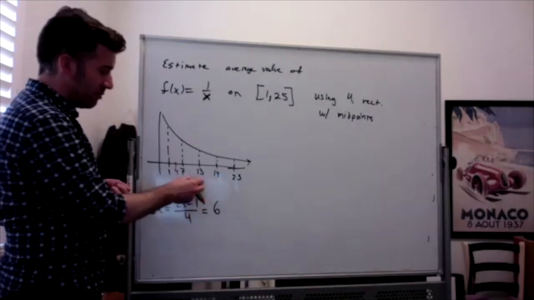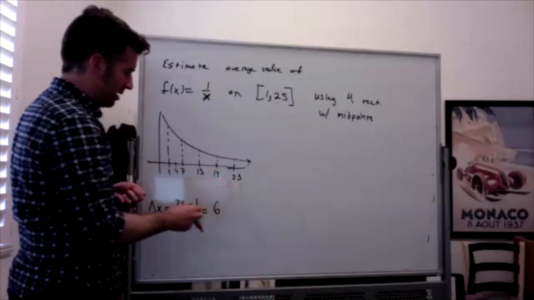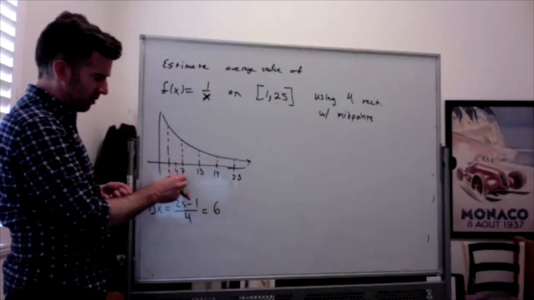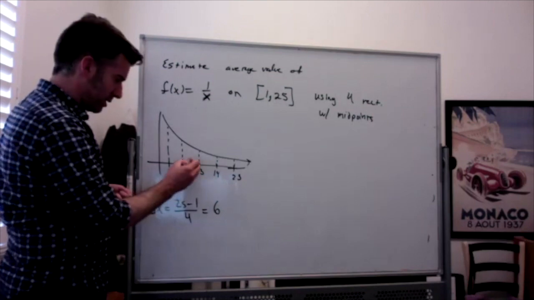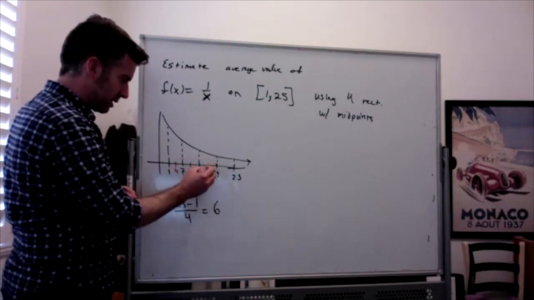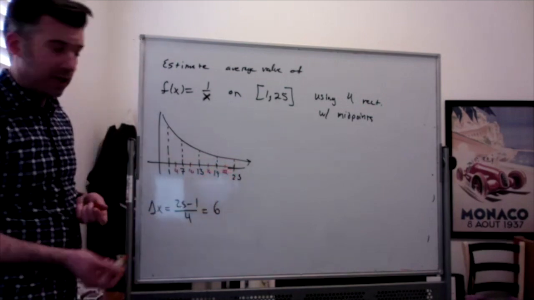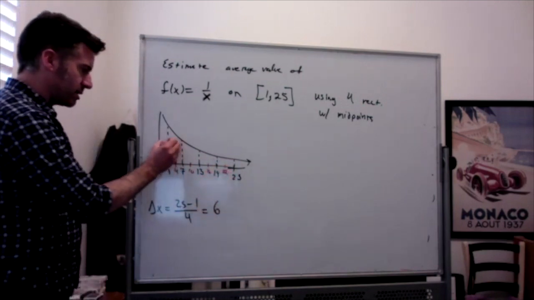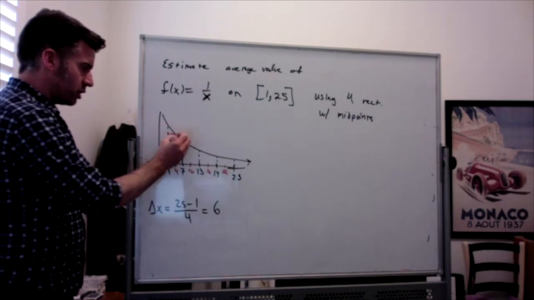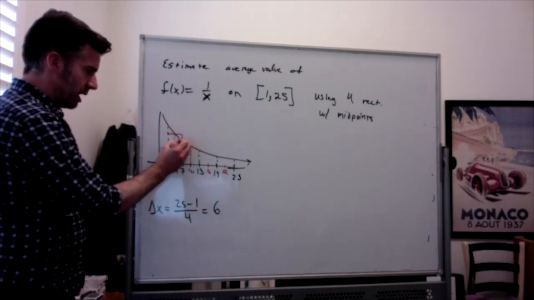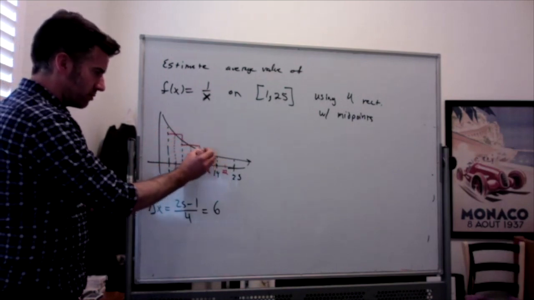So instead of finding each midpoint, you can say, oh, well, these are 6 apart, so these are 6 apart. 4 plus 6 is 10, 10 plus 6 is 16, 16 plus 6 is 22.